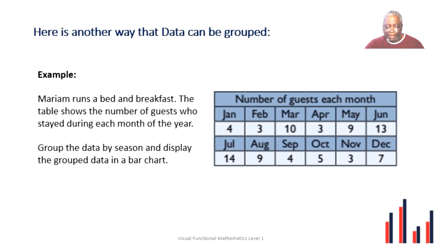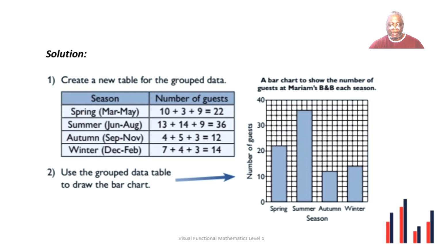Let's see. So you have January to December, and so what she decided to do was to group them by season, which reduces it to just 4 categories. That is autumn, winter, spring, and summer, which I think is good. Let's see. And there you are. And then for each month in the season, which is 3 months each, you add up the number of guests.